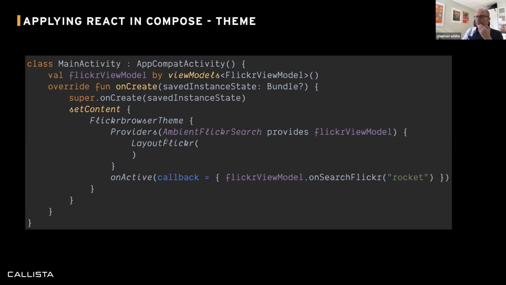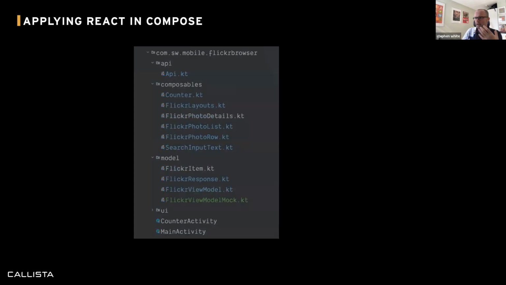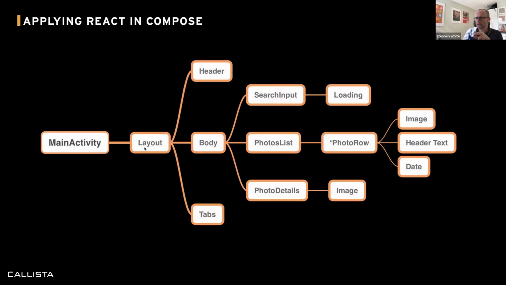And the important thing is that there's a bunch of composables that are wrapping each other here. Let's start at the bottom here. We have the layout Flickr, which is basically the top of our composable tree, which is here. That's the main activity that we were looking at before.